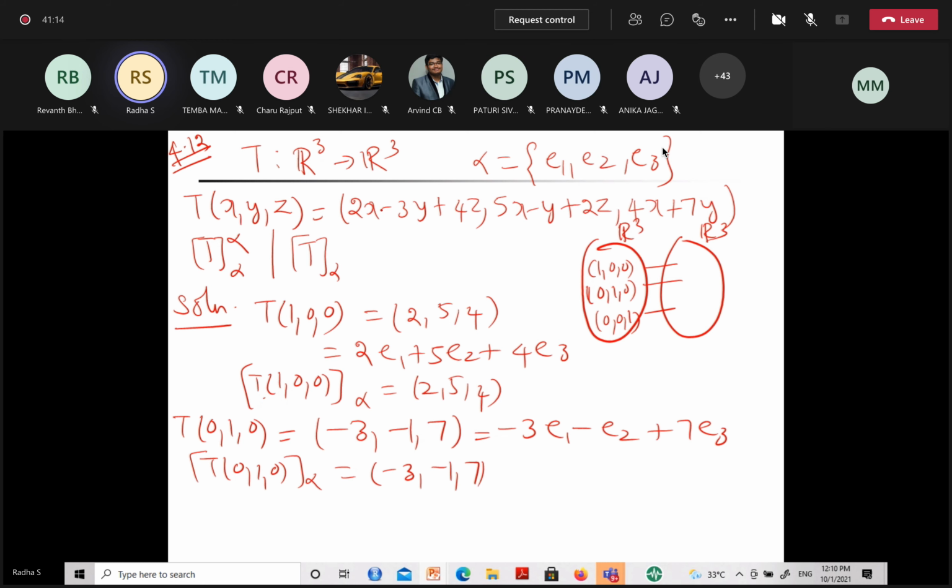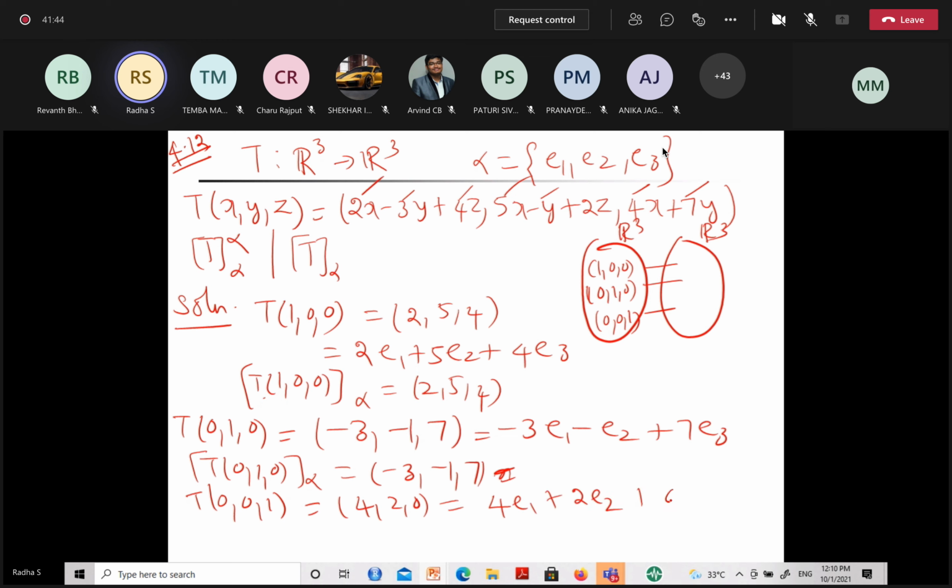Very simple. To write the matrix, 2, 5, 4 is your first column. Minus 3, minus 1, 7 is your second column. 4, 2, 0 is the third column. We are doing this unnecessarily, but just trying to understand. Then T of 0, 0, 1 is 4, 2, 0.